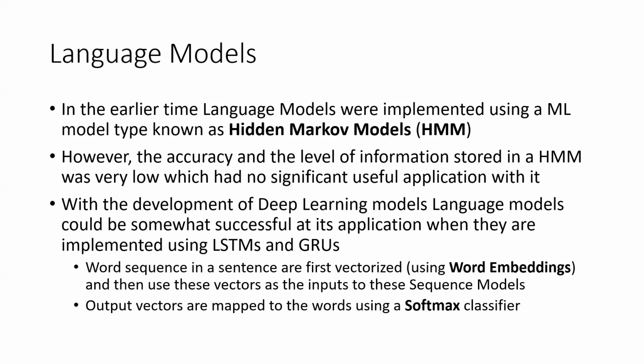In the earlier days of machine learning, to achieve language models, a special form of machine learning model known as hidden Markov models was used. But these days we are not that interested in these models because they are very low in power compared to current machine learning models.